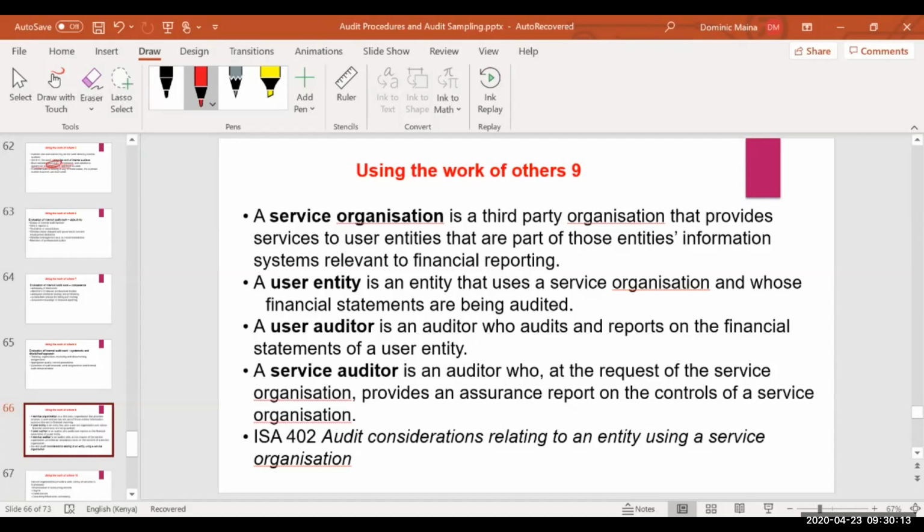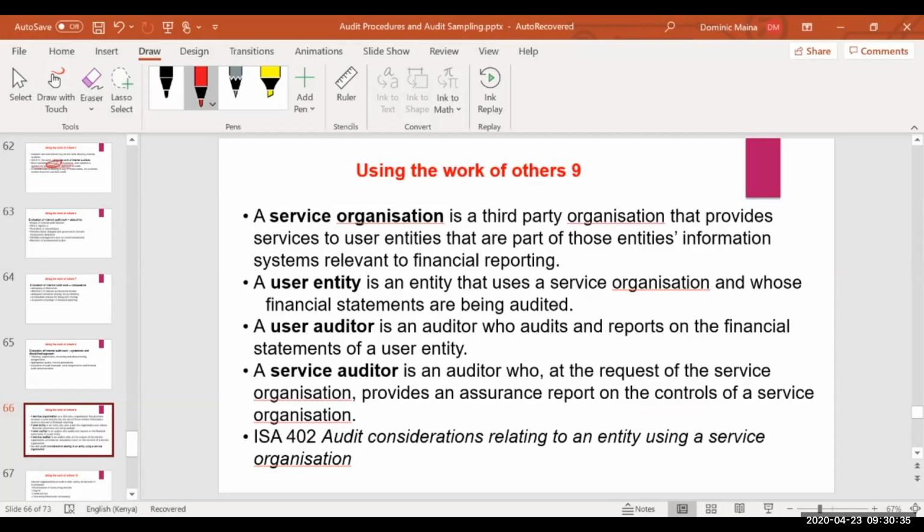In that context, let's say you are KPMG and you are the one auditing Strathmore, it means you're also going to be auditing the work that was done by G4S. Therefore, G4S in this case is our service organization.